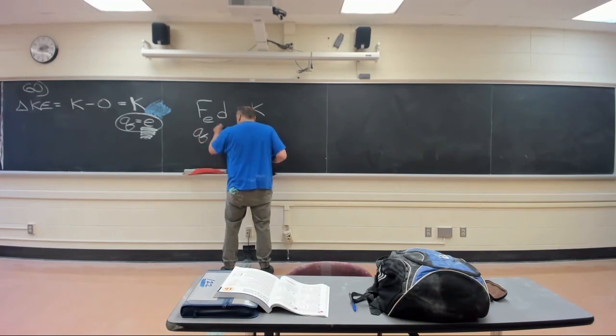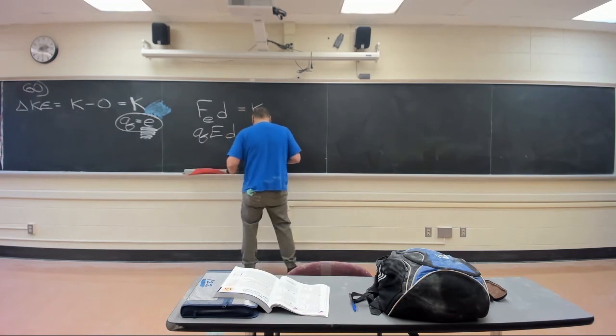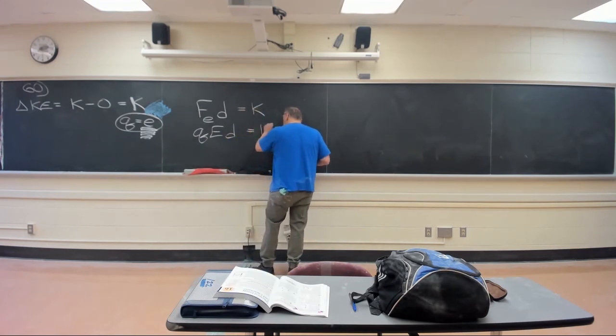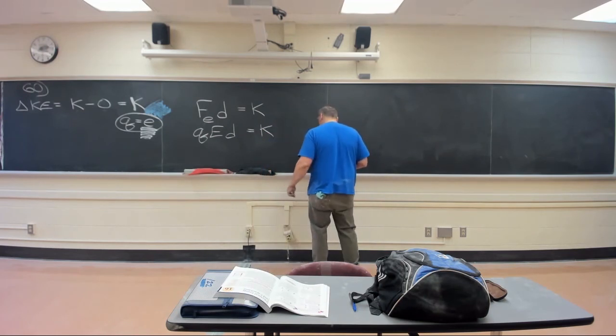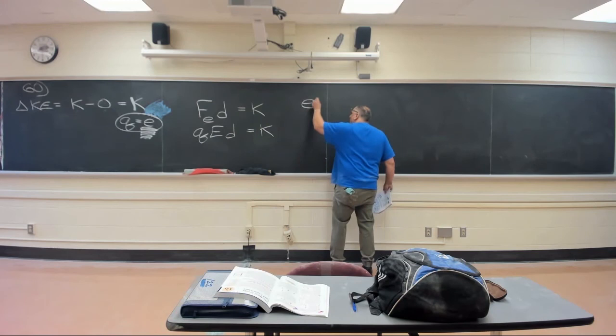Q times E is the force. D is D, the distance, that's K. Q is small e.